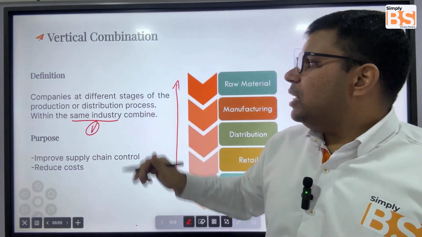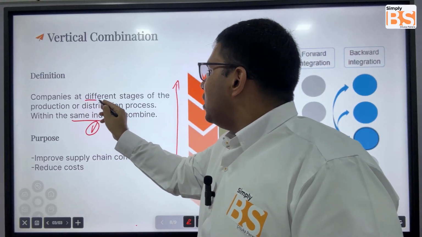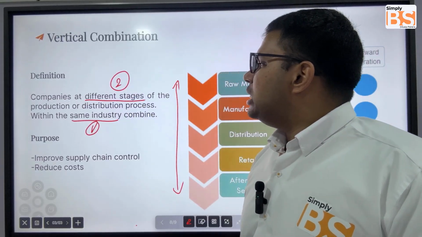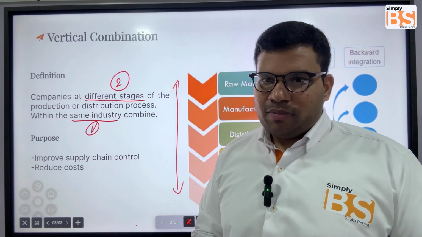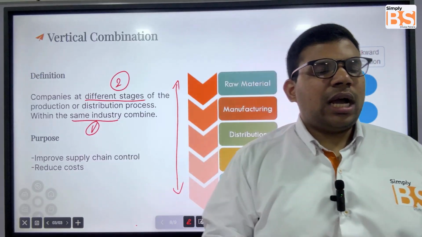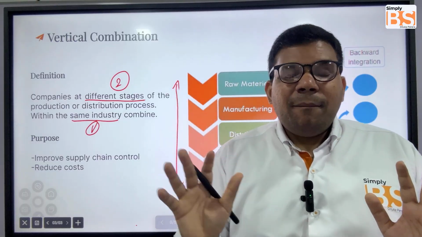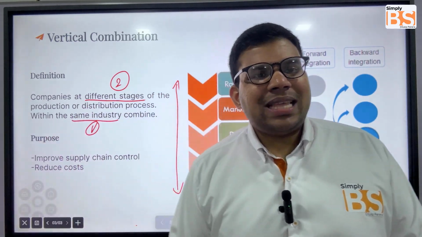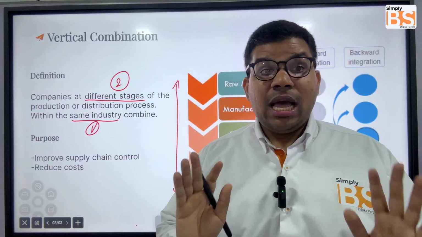This is where the combination would occur between companies who are at different stages of the production and distribution process. Very important. Combination could occur between companies in the same industry, but the companies are following business activities at different stages of the production and distribution process.